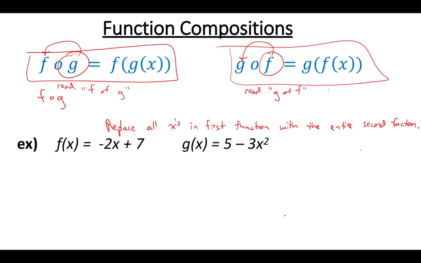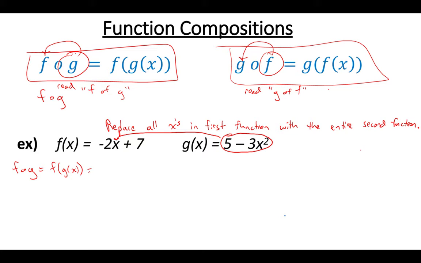So let's take this example here, the same two functions that we had to start with, and let's just go ahead and evaluate this. You might see either notation. If you just see f of g, it's good to maybe just go ahead and rewrite it as f of g of x, like this. So that reminds you, you're going to take all of g, so this whole function here, and we're going to plug it in to where the x is there.